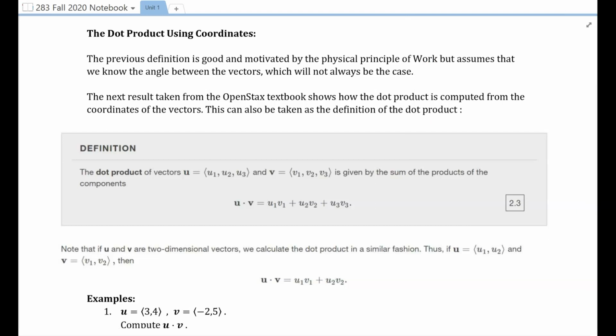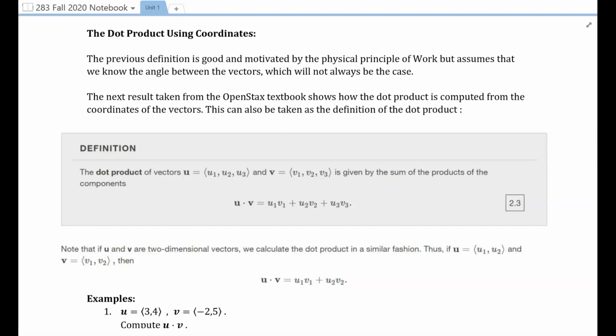This is why most textbooks define it in terms of coordinates first, and then derive the previous definition in terms of the magnitudes and the angles as a byproduct. But I like to do it the other way, because it gives us the physical interpretation, and it also gives us some geometric interpretation in terms of the angles.